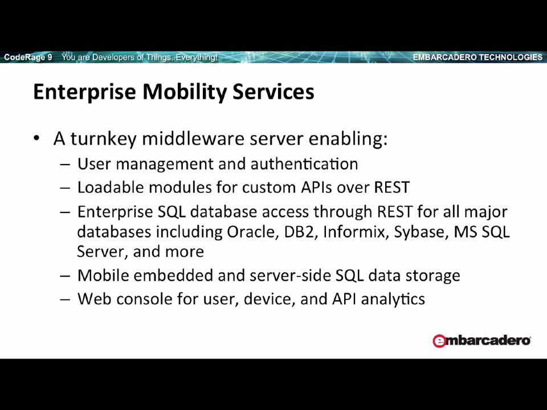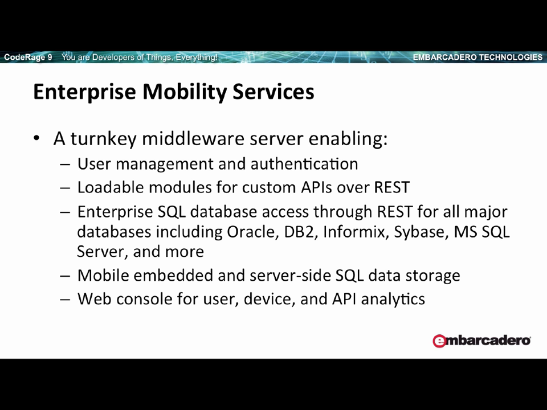So given those requirements and challenges, we've built Enterprise Mobility Services. And there was an additional feature, if you will, that we wanted to provide, which was we wanted to make it really easy for a development team to be able to build this type of service and deploy it into their enterprise.